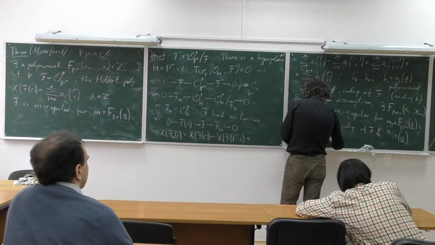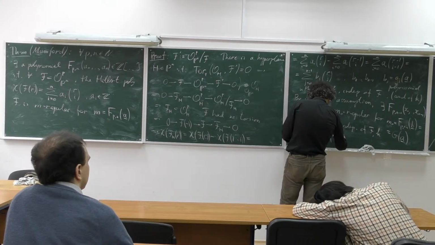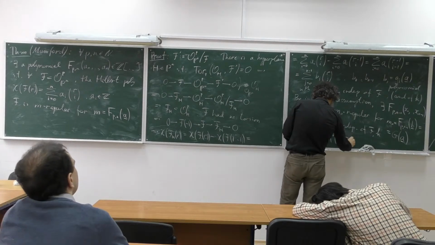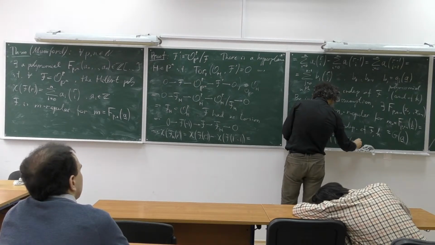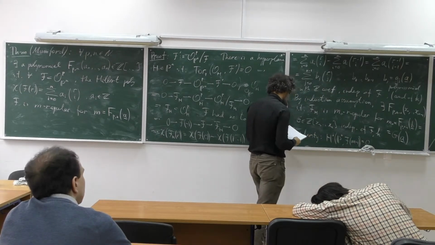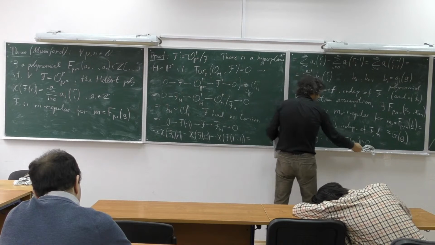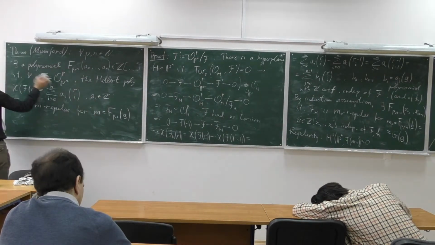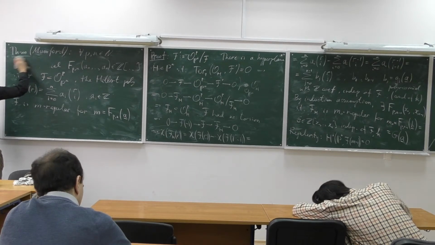It means that the ith cohomology of P^n with coefficients in F of F minus i is 0. It's m regularity. So now I'm erasing the statement of the theorem.